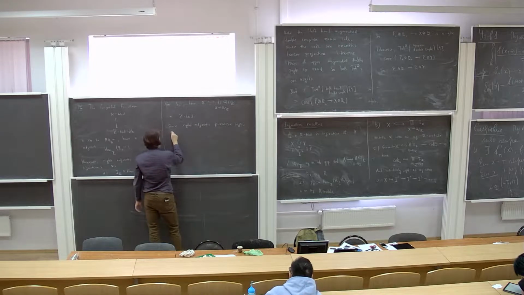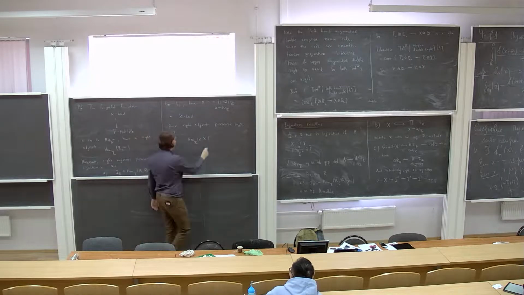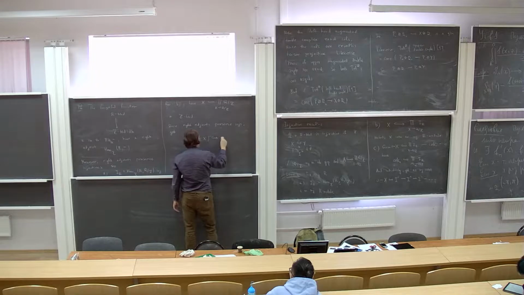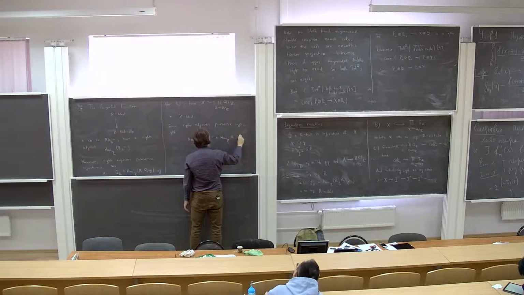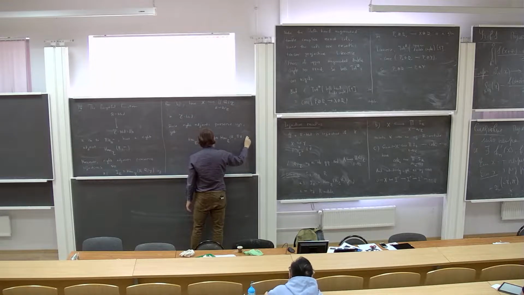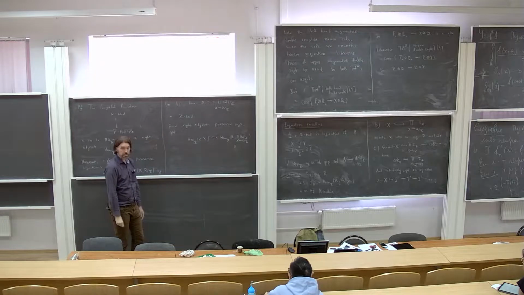So since right adjoints preserve injections, we now get Hom_Z(R, X) injects into Hom_Z(R, product), but we're homming into a product, so that's the product of the Homs.